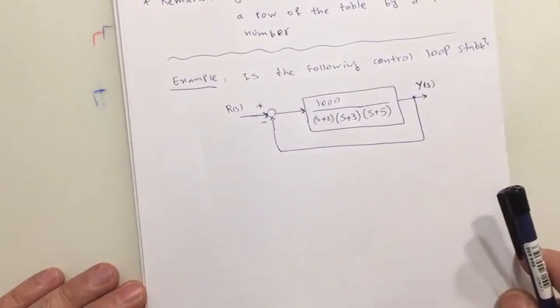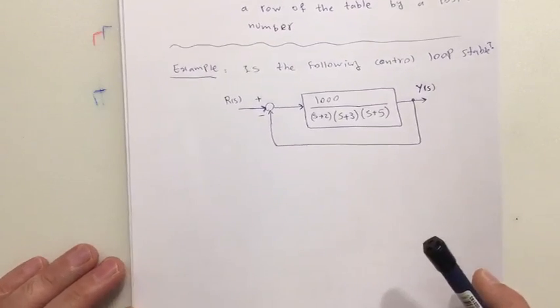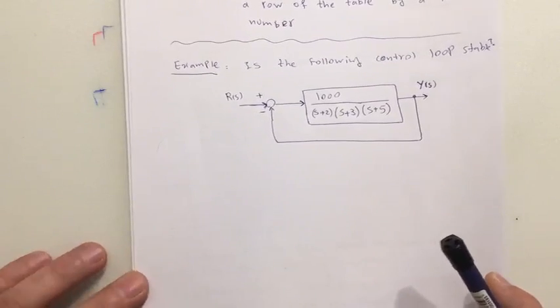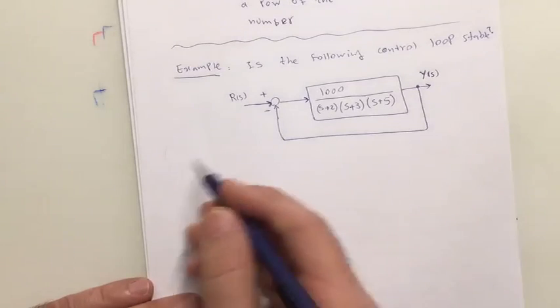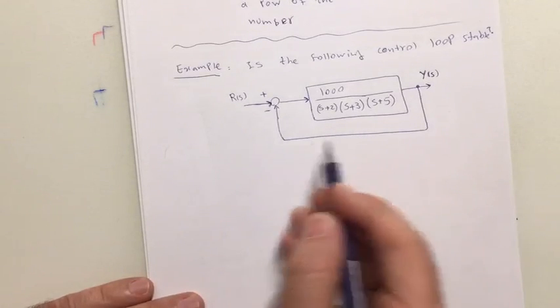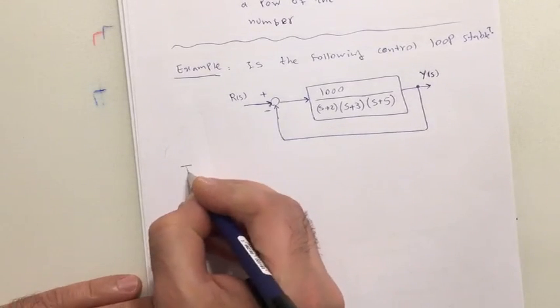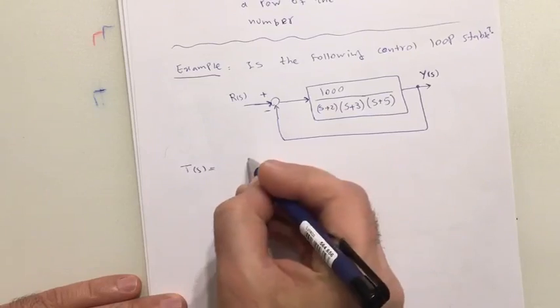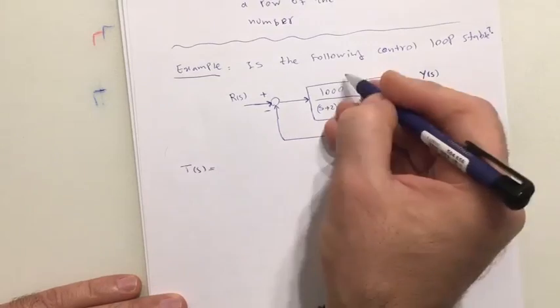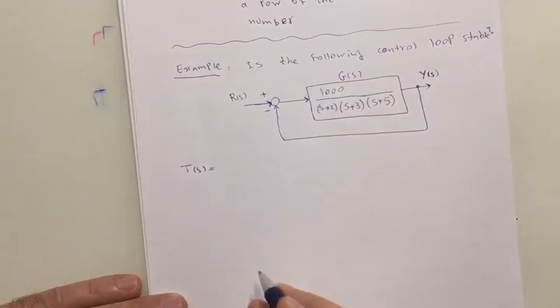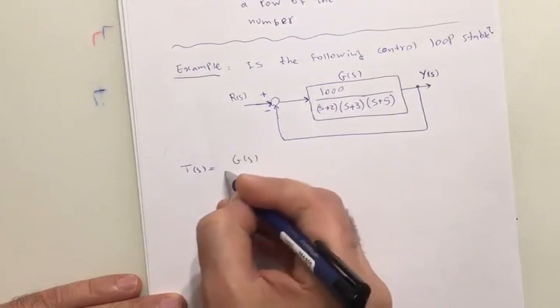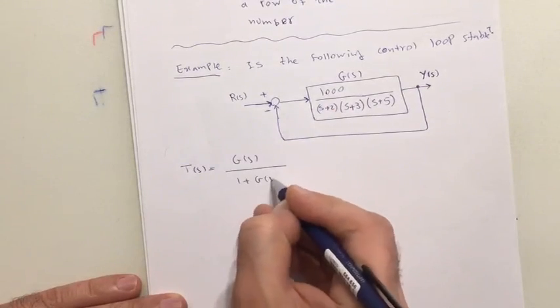Before I form the table, I need to find the characteristic equation because we don't have the closed loop transfer function yet. The closed loop transfer function T(s), if I name this G(s), would be G(s) divided by 1 plus G(s).